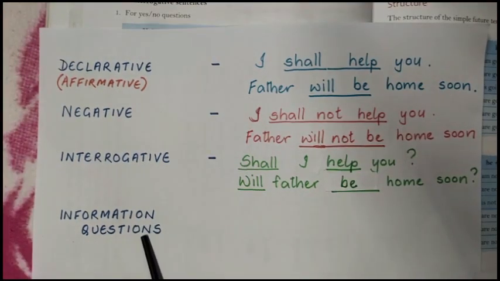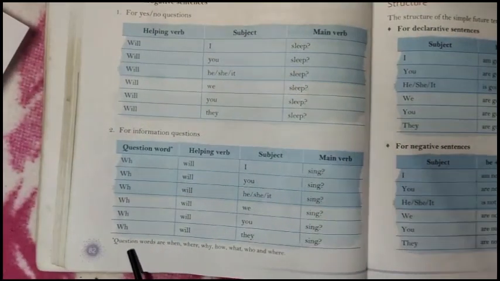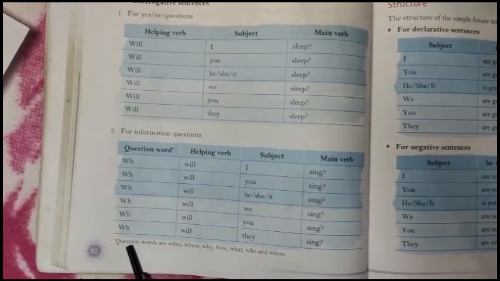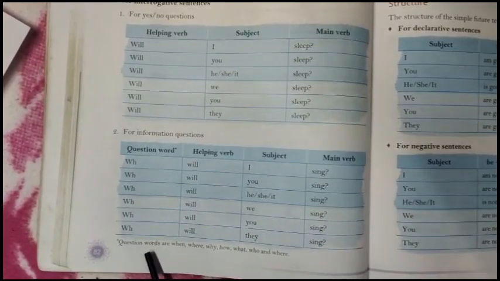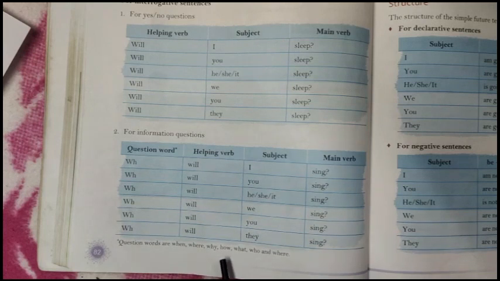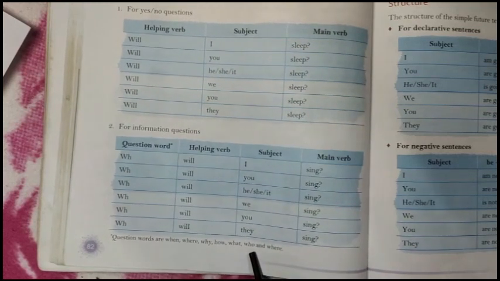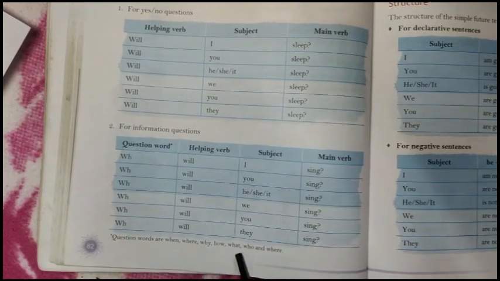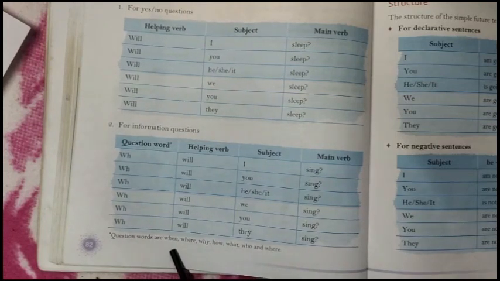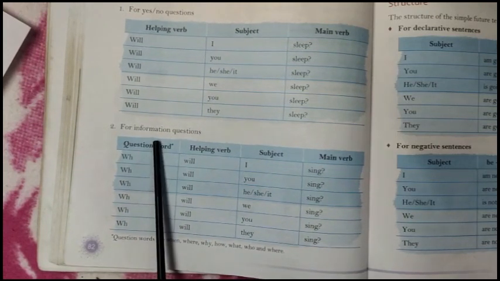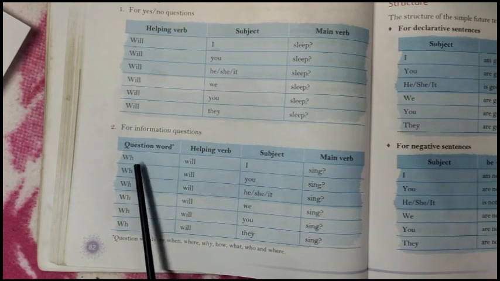Okay, so for information questions, it says here on page 82, at the bottom of page 82, question words are when, where, why, how, what, or who. So when you begin your sentence with any of these question words, then they are called information questions.